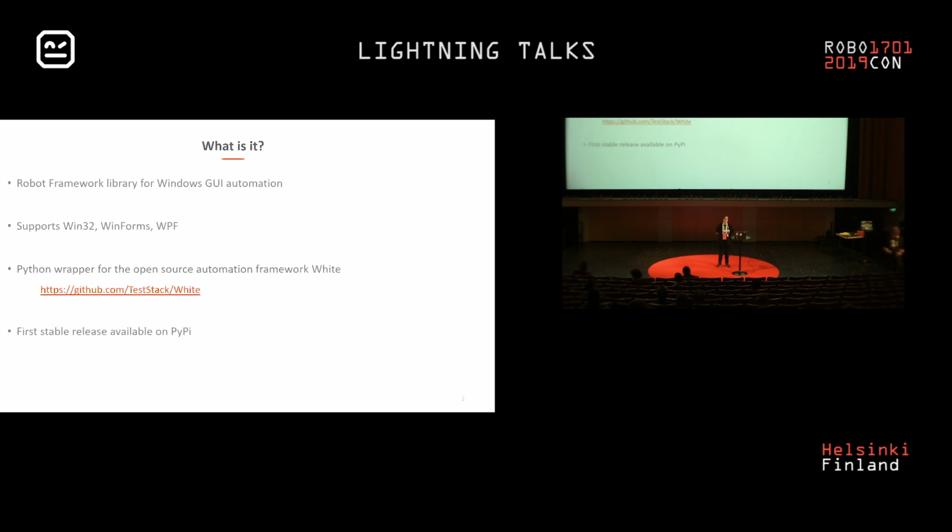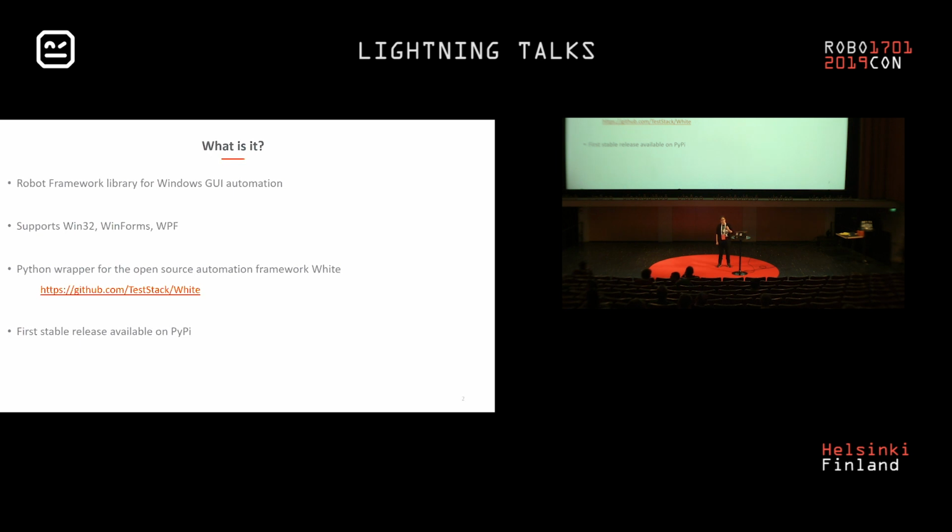It's a Robot Framework library for automating Windows desktop applications. It's a Python wrapper for the open source automation framework White, which is .NET based, and it provides an abstraction to the MS UI Automation API.